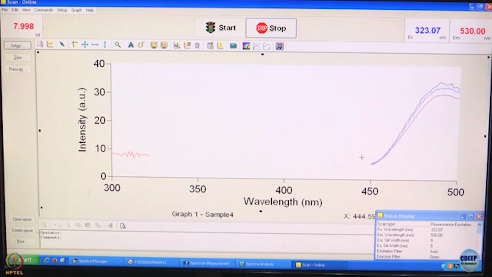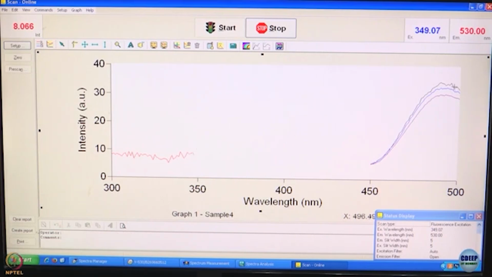Now, we might remember that we have discussed in class that intensity of emission is emission quantum yield multiplied by intensity of light absorbed. So, everything else being the same, if we change the excitation wavelength, what is changing is intensity of light absorbed, because that is related to absorbance, which is a function of wavelength.